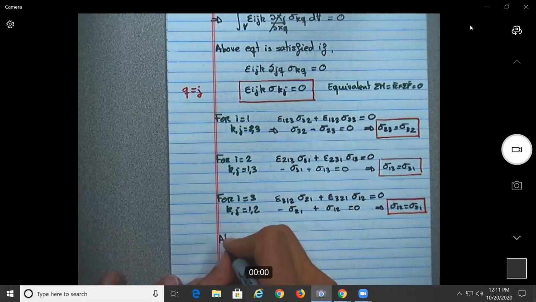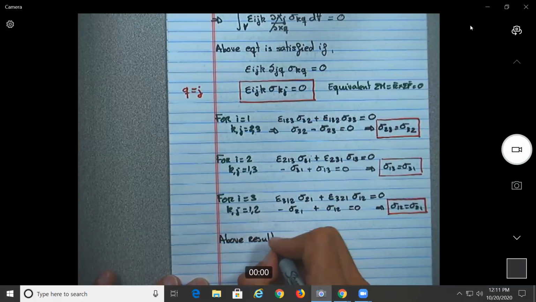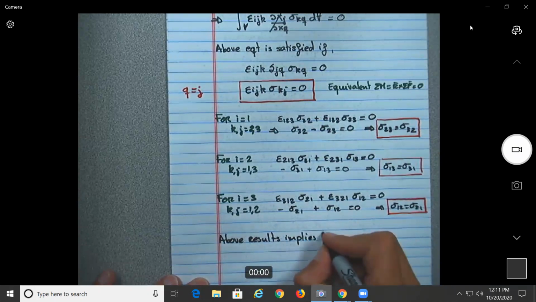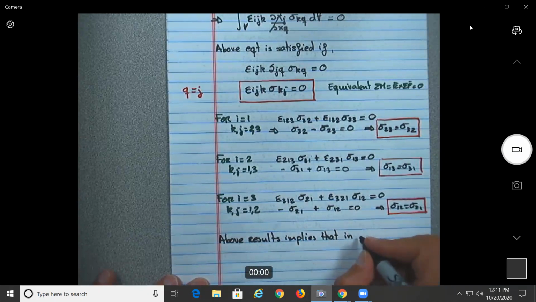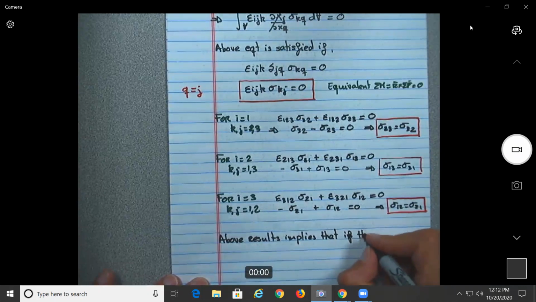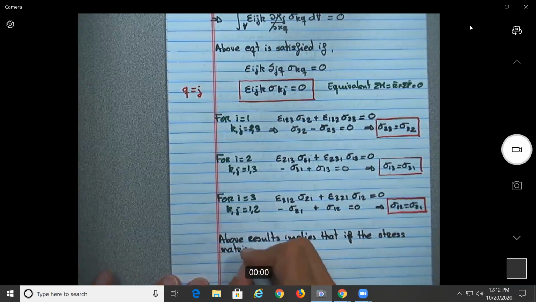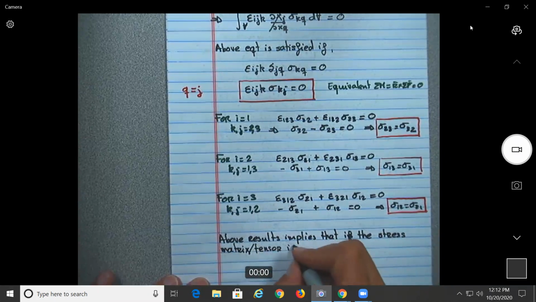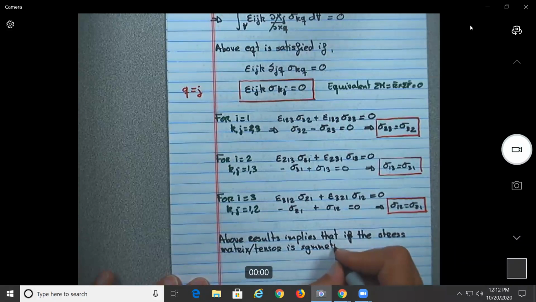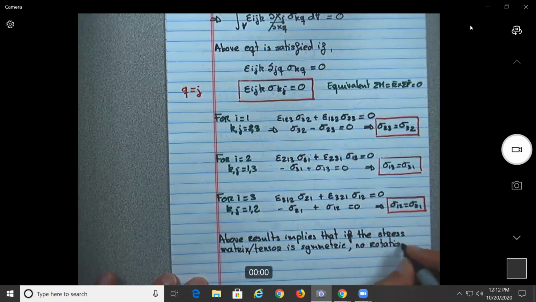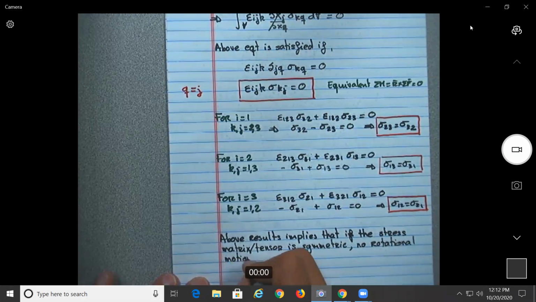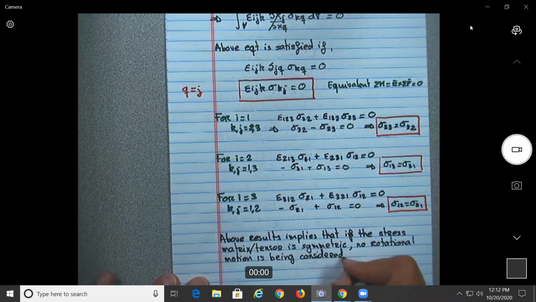So let's just write it down. The above results imply that, let me put it this way, if the stress matrix/tensor is symmetric, no rotational motion is being considered.